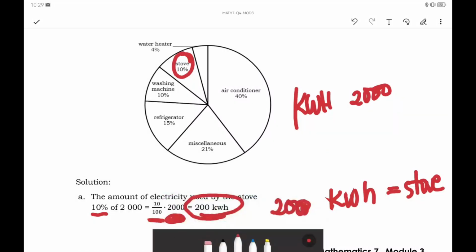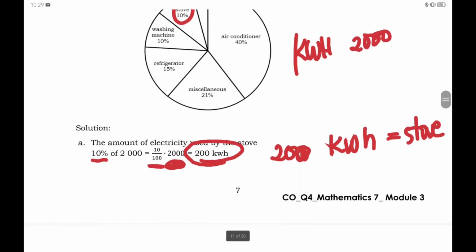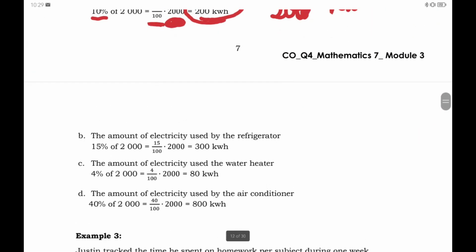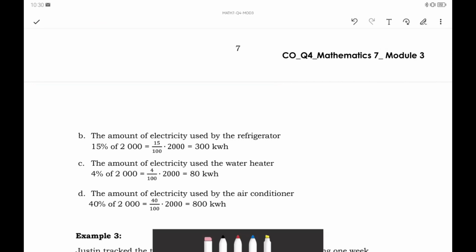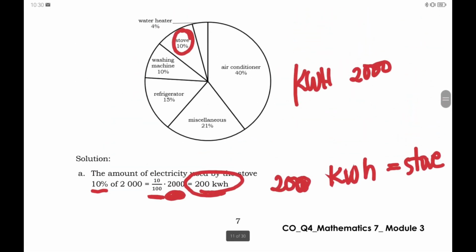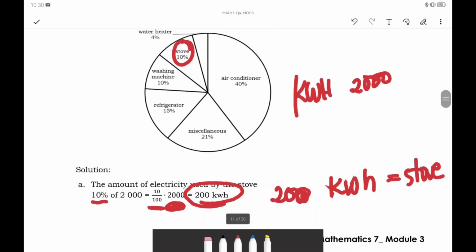Now let's proceed to the second one, the amount of electricity used by the refrigerator. So again, 15%, because the refrigerator is 15%, as we can see on the graph. So we have here the refrigerator, which is 15%.